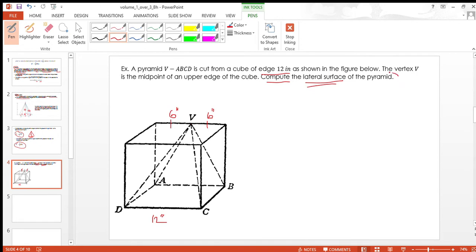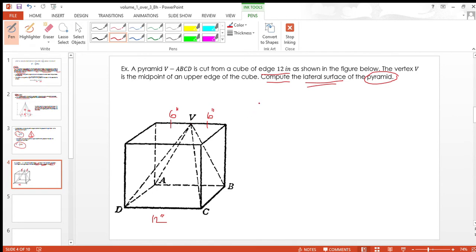Remember, the pyramid here is not a regular pyramid. So if it's not a regular pyramid, we just get the total area of the lateral surfaces. So again, when we say lateral surface, you exclude the base. You just get the area of the lateral surfaces.